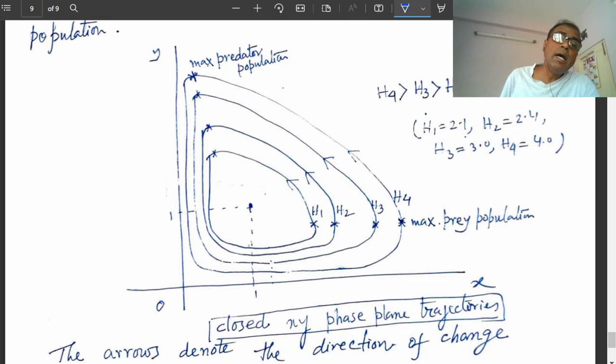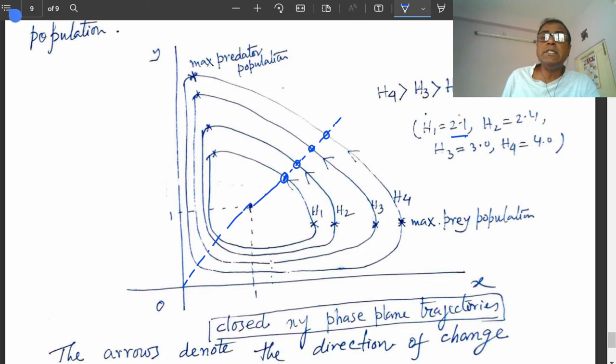Suppose h1 is this for a particular x0 and y0. So x0 equals y0 on this line, x equals y. So this point is x0, y0, with x0 equals y0. For this point x0 equals y0, we get c0 equal to 2.1.